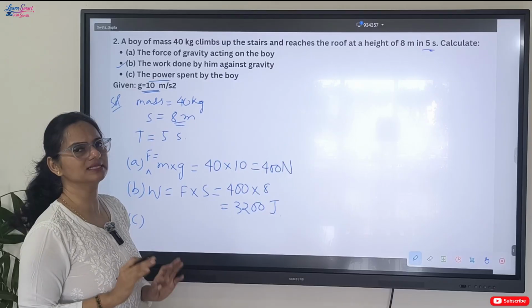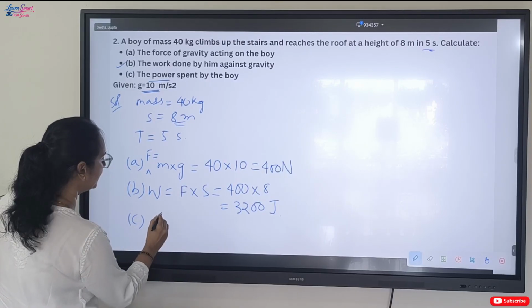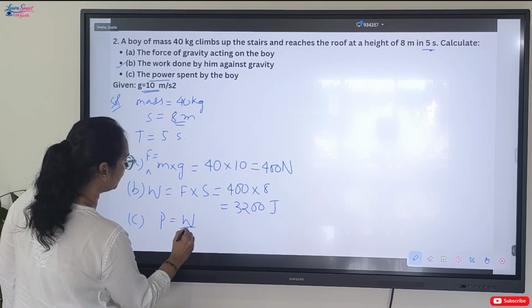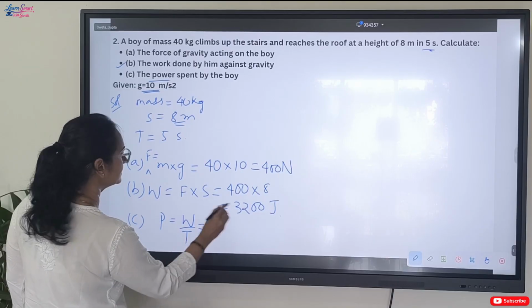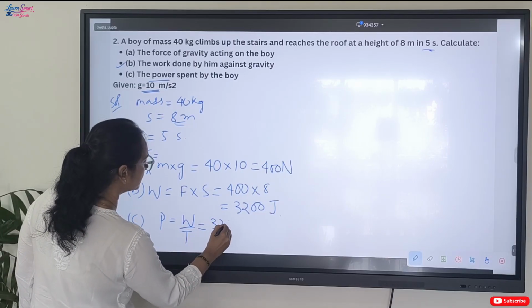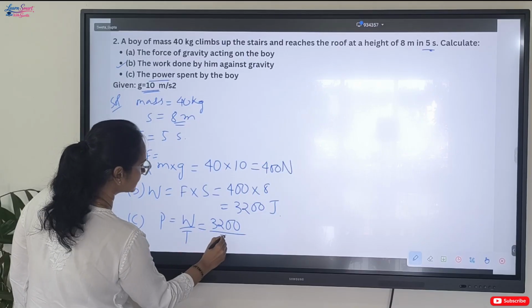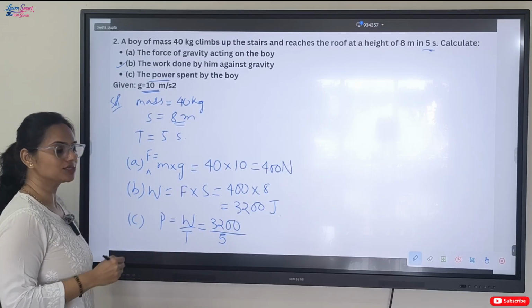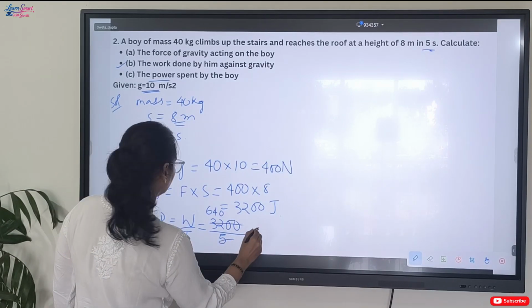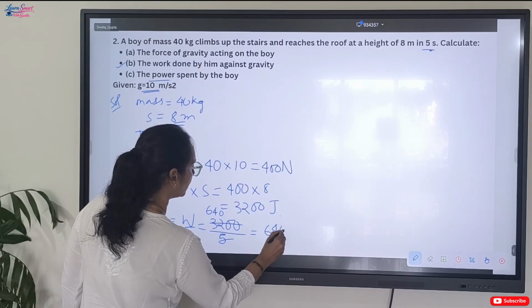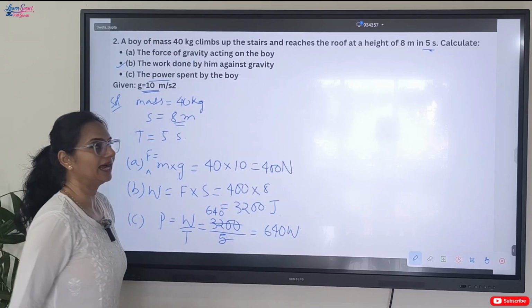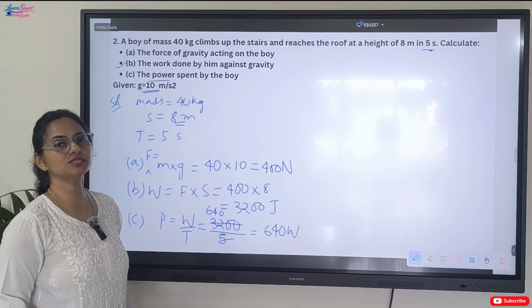Work done upon time taken. Simply we will use that. P equals to W upon T, and work done is given 3200. So 3200 upon time, and time is 5 seconds. And we get the answer, 640 watt. And this is how we can solve this question.